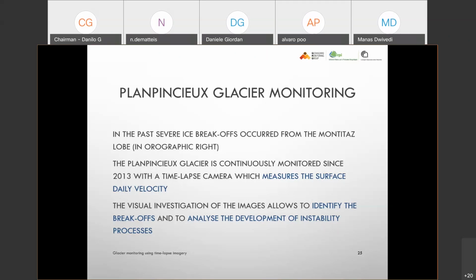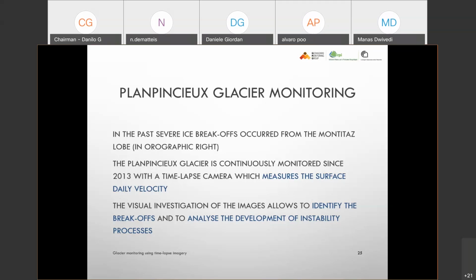Therefore, the authorities decided to activate a monitoring plan, and since 2013 a continuous monitoring using a time-lapse camera was activated.